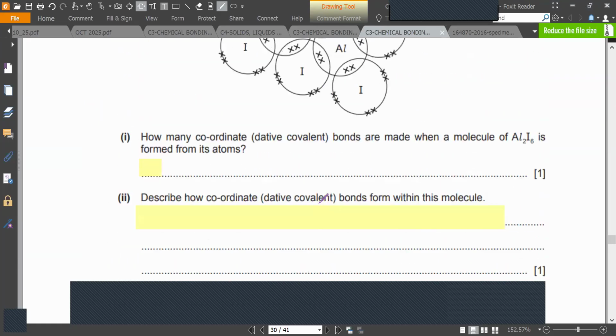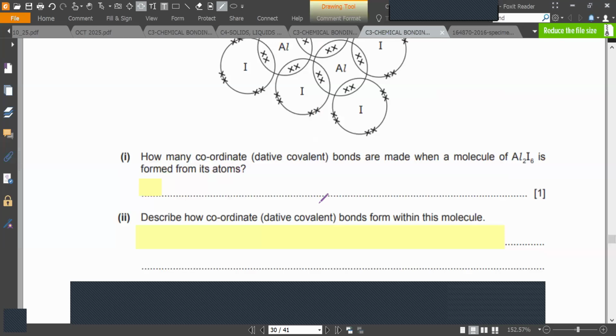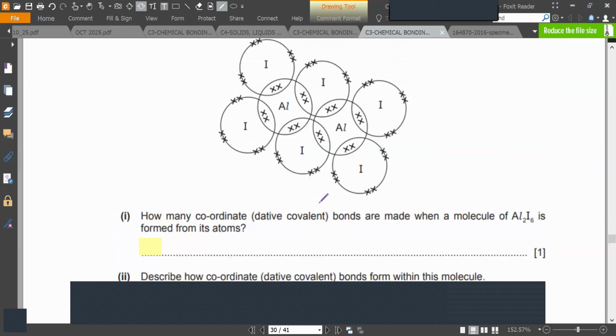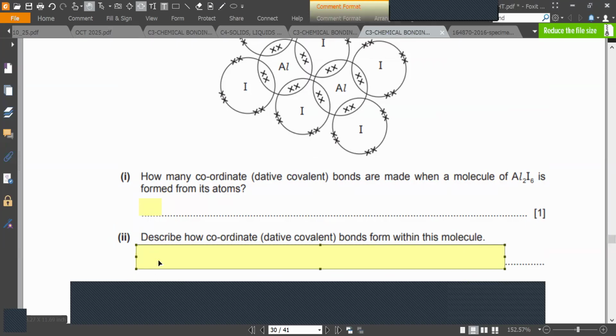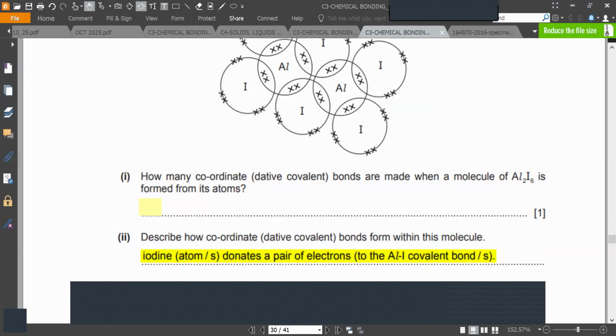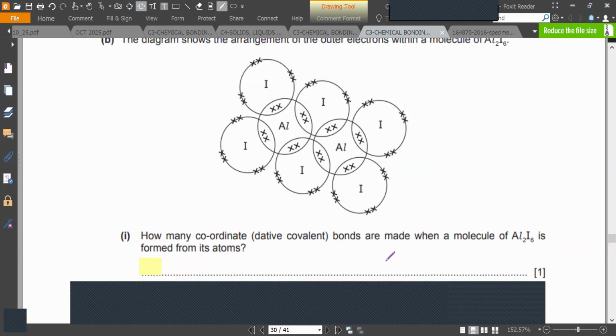Describe the coordinate dative bond in this molecule. You see, this AlCl6 comes again. It keeps coming, the same question. How does the coordinate bond form? The iodine donates a pair of electrons to the aluminium. Normally we have Cl, Cl, Cl.